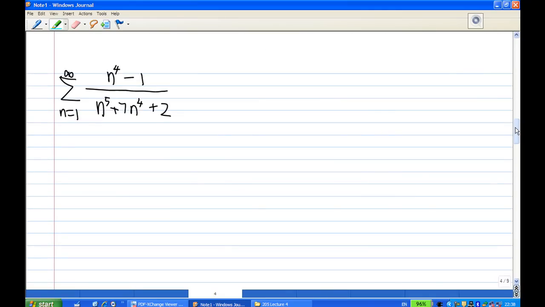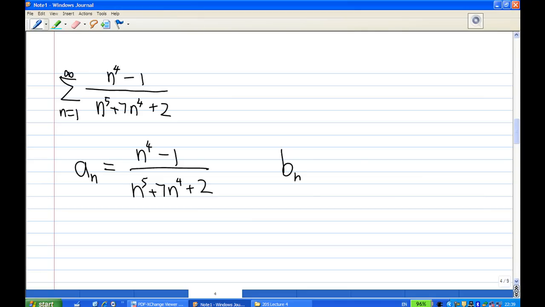For this problem, I'm going to use the limit comparison test. So I say an is equal to (n^4 - 1)/(n^5 + 7n^4 + 2). Now the question is, how do we come up with bn? Compare with what? Make them as simple as possible. So I copy down an, and then I start to throw away small terms.